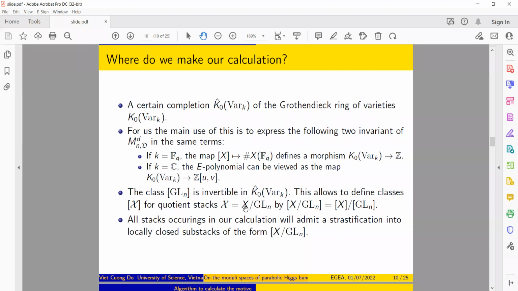So the ring I use here is K0 hat of varieties over K, some kind of completion of the Grothendieck ring. The reason is that with this ring we have two maps, to count the points and the map to the E polynomial. It depends on the application over C or over a finite field. And I want also that my class of GL_N must be invertible in K0 hat.